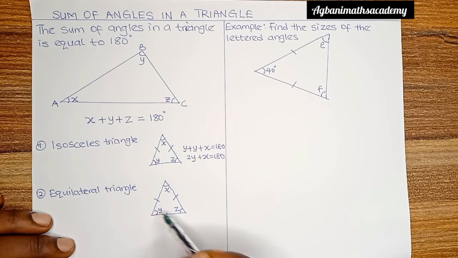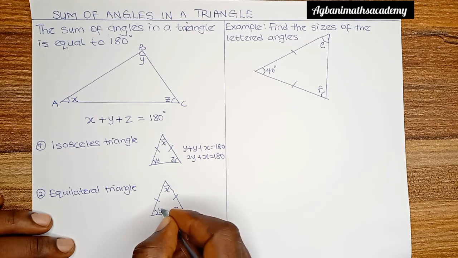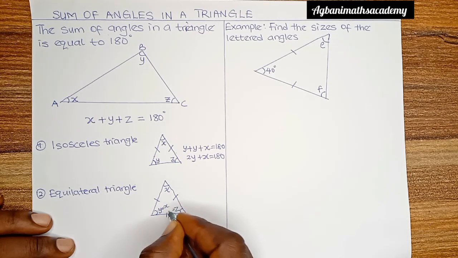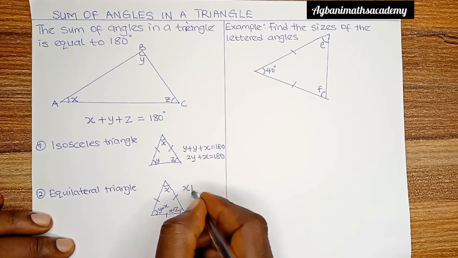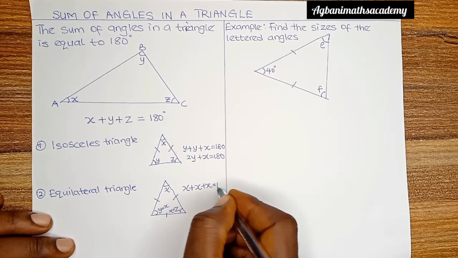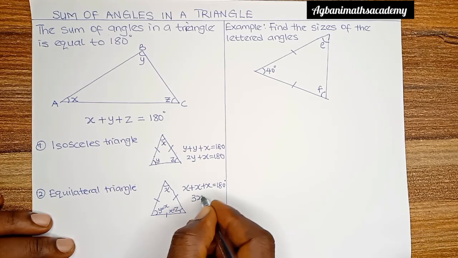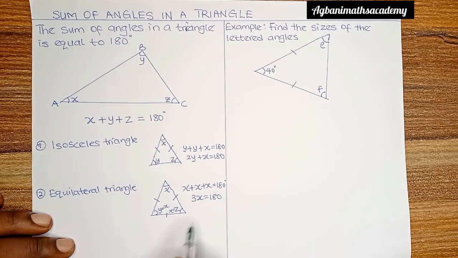So if x, y, and z are equal, you can simply call all of them x because y is equal to x and z is equal to x. So you can say x plus x plus x is equal to 180 degrees. That means 3x is equal to 180 degrees. With this, you can easily find the value of x.